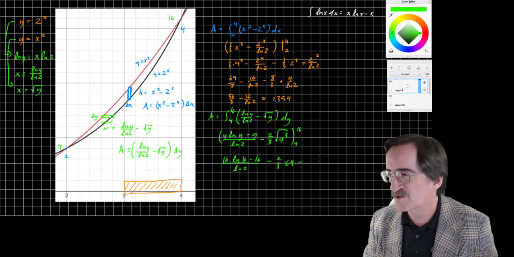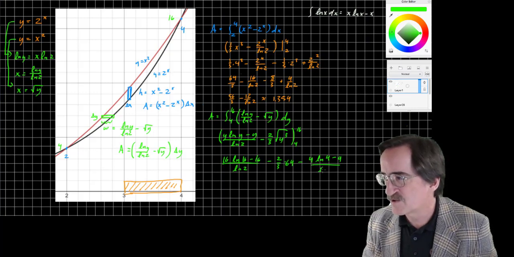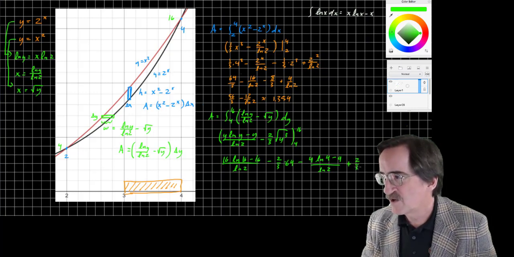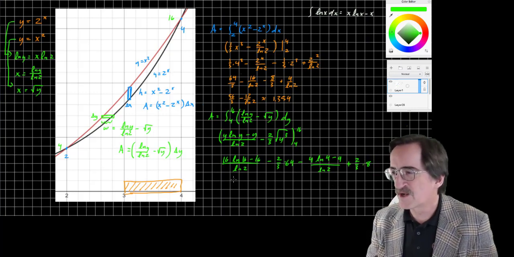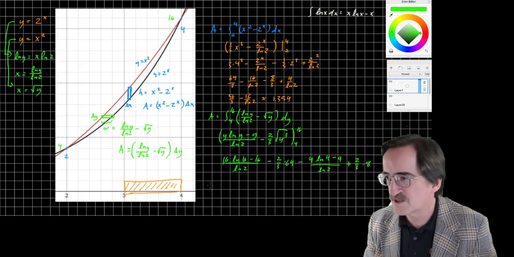Minus, now insert 4. 4 ln 4 minus 4 over ln 2. Plus, because it's minus and negative, 2/3. Square root of 4 is 2. 2 to the 3rd is 8. Okay, I can simplify it more, but I'm just going to cut to the chase and see if I can figure out what the area is.